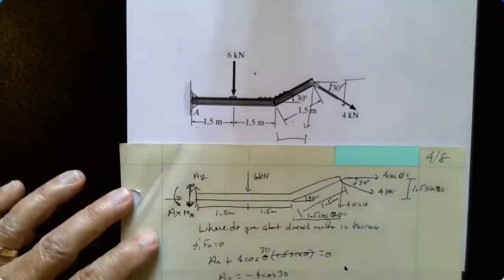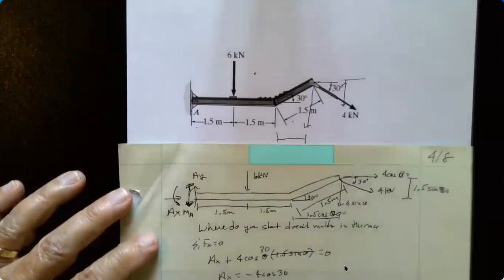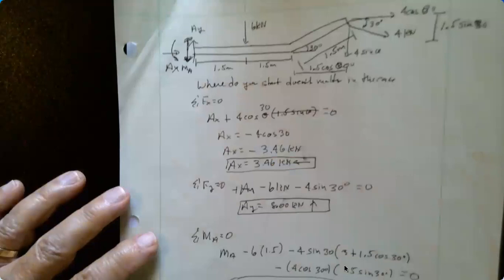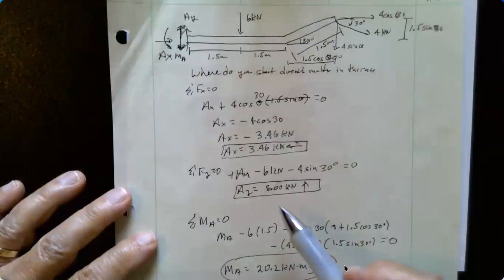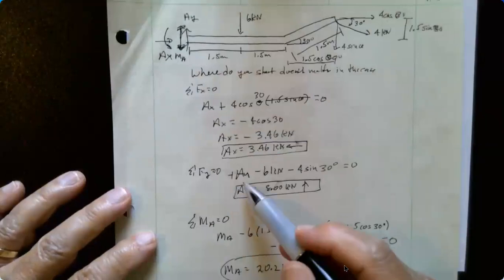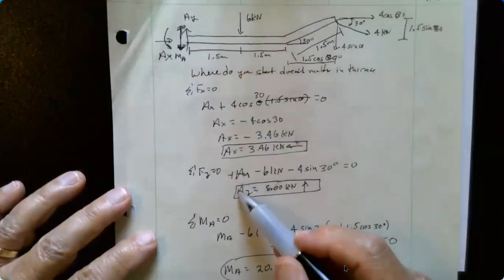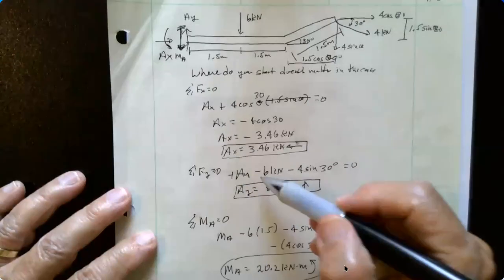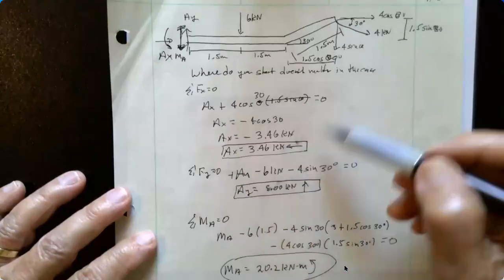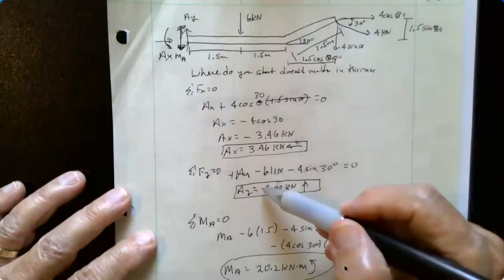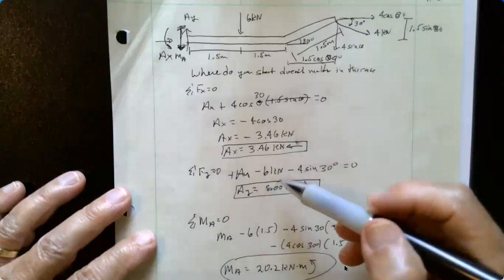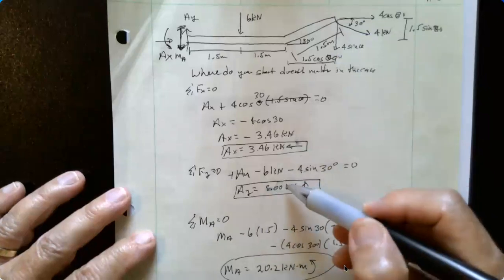The direction was correct here, but I'm going to go ahead and show it. Okay, so there's the A sub Y. Sum of forces in the Y. The A sub Y up, minus 6 down, minus 4 sine 30. So A sub Y is 8.00 kilonewtons, and it's directed up.